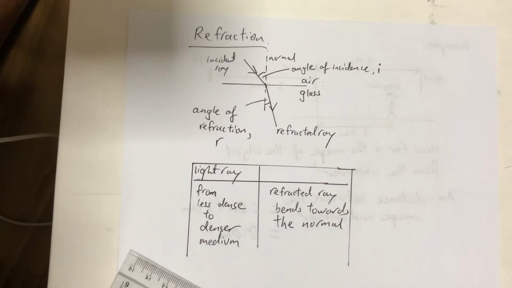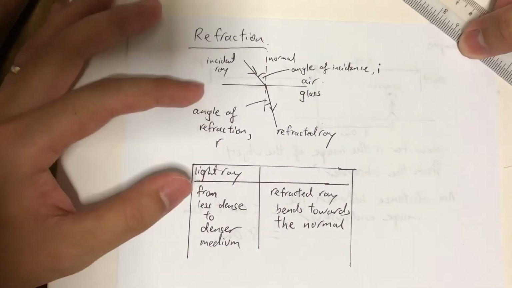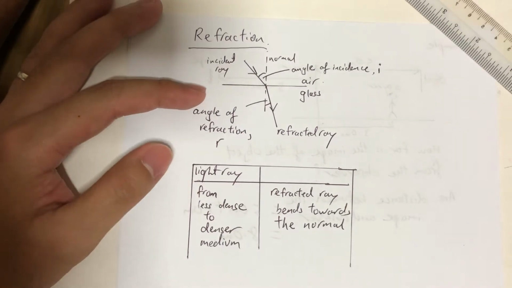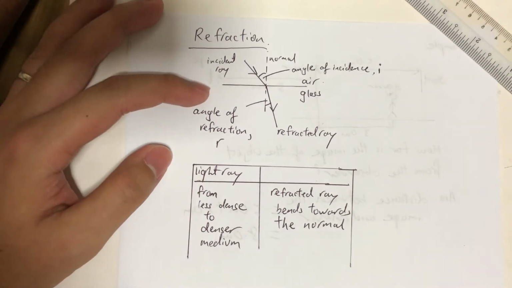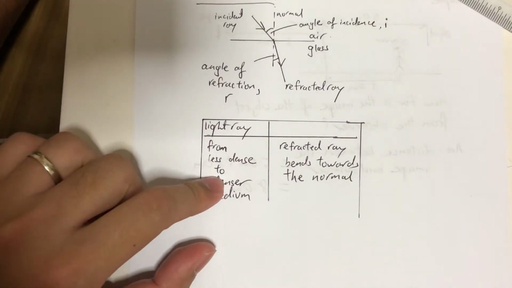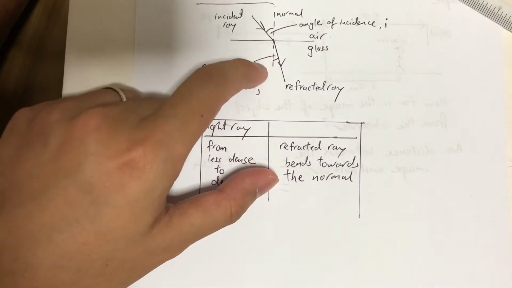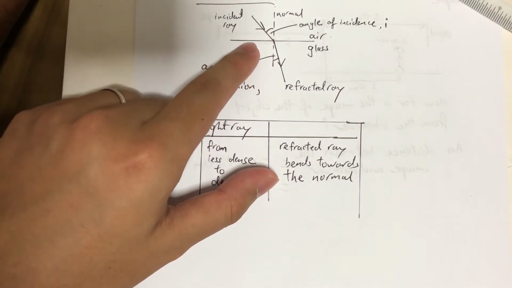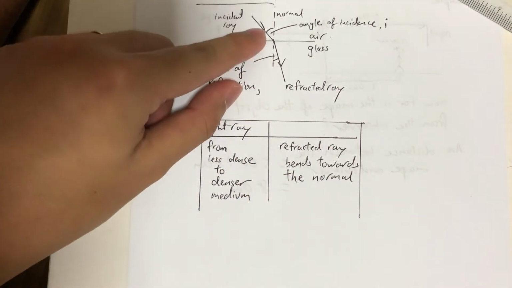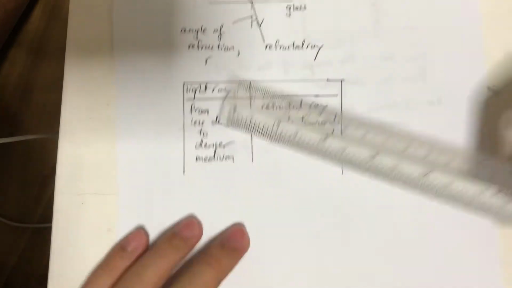So let's go back to this first diagram that I've drawn. In this case, air is actually less dense than glass. So this current situation that I'm mentioning in the table is actually an example of what is happening when a light ray travels from air to glass.